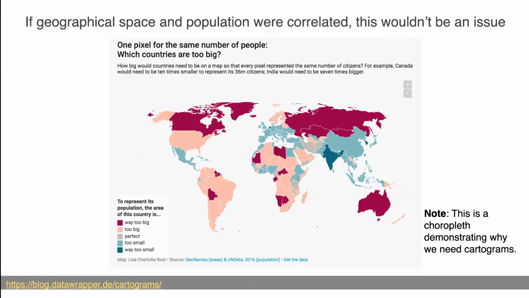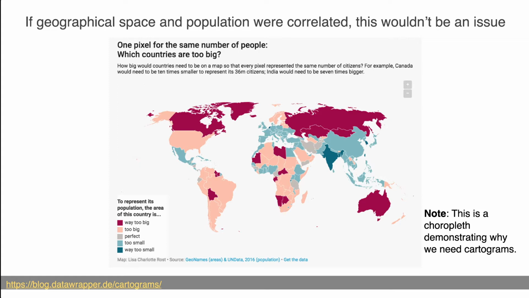So let's show you an example here, right? So this little funny map is a map of which countries are too big to accurately represent their number of people. So if 1 pixel represents a particular number of people, then which of these countries has way more area than it has pixel people ratio?